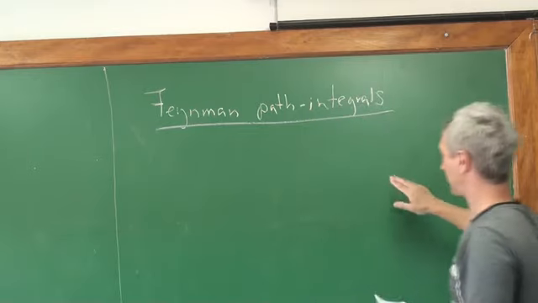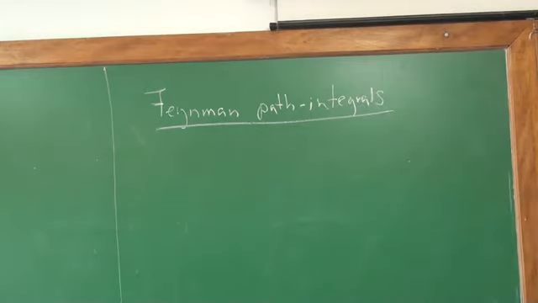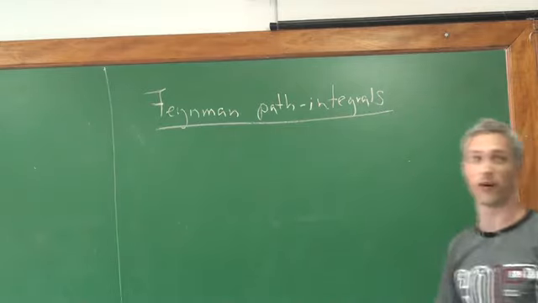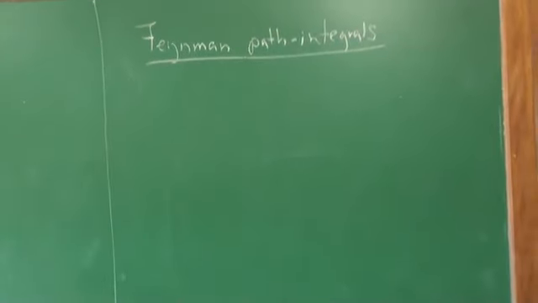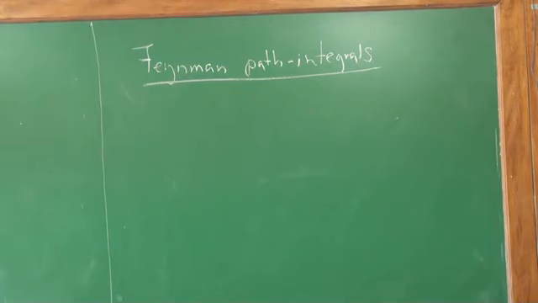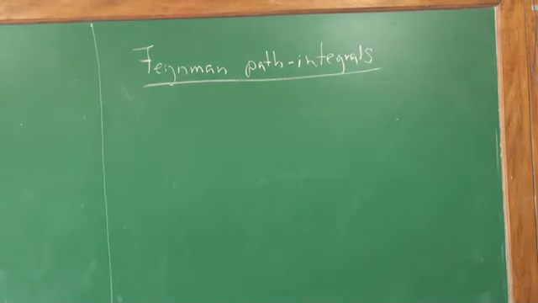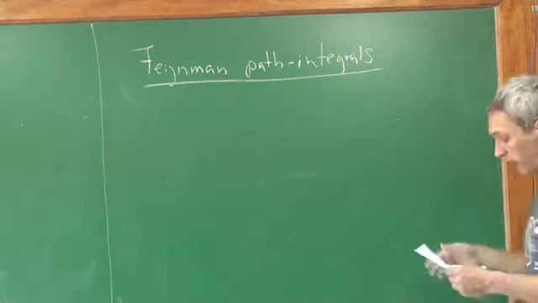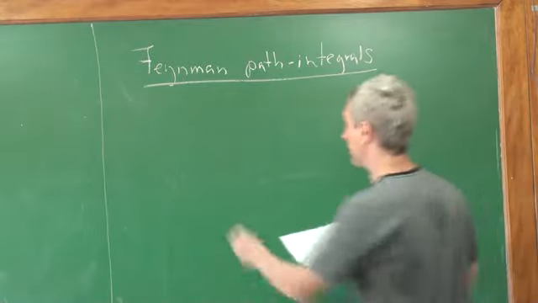Maybe just one or two sentences on the history. We learn in classical mechanics that classical mechanics can be understood from a variational principle. We have the principle of minimal action, which tells us that by minimizing the action we arrive at the equations of motion that then define the classical trajectories for a given problem.